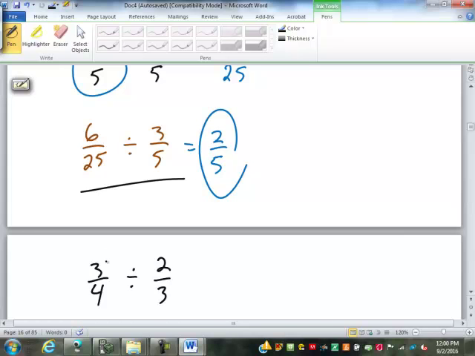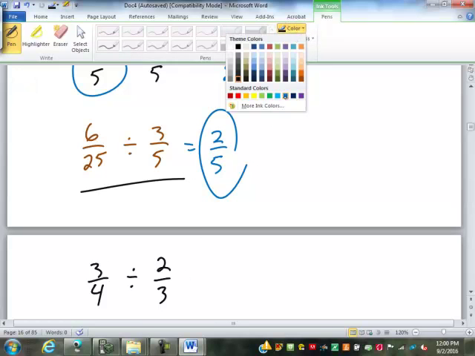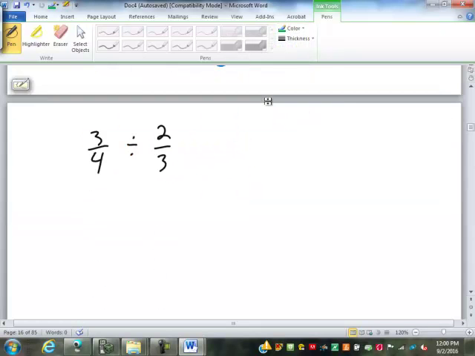Where, hey, 3 does not divide by 2 evenly. 4 does not divide by 3 evenly. How are we taught to do a problem like this? Okay. Yeah, the first fraction, the 3/4, doesn't change. We flip the second one. It's called the reciprocal. So 2/3, we flip it over to be 3/2, and then we multiply.